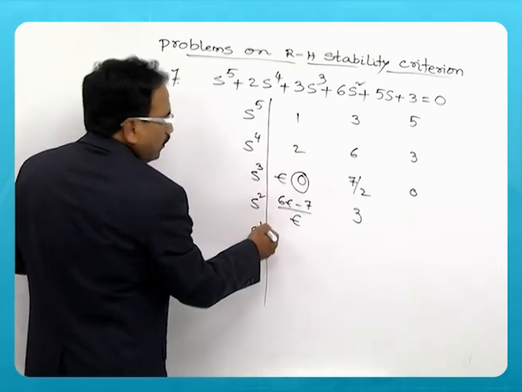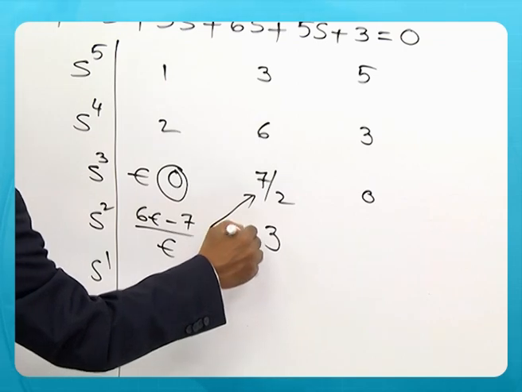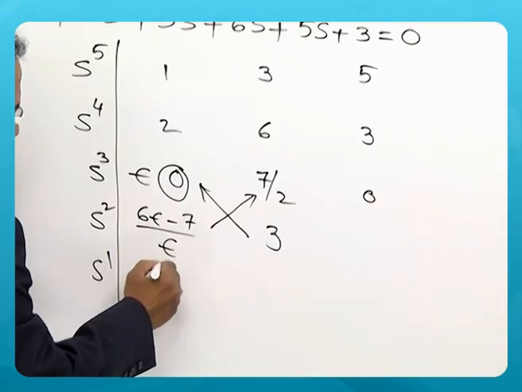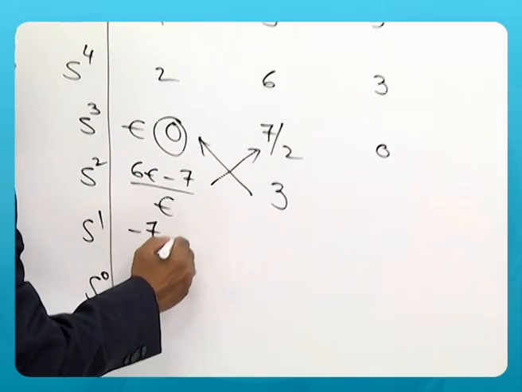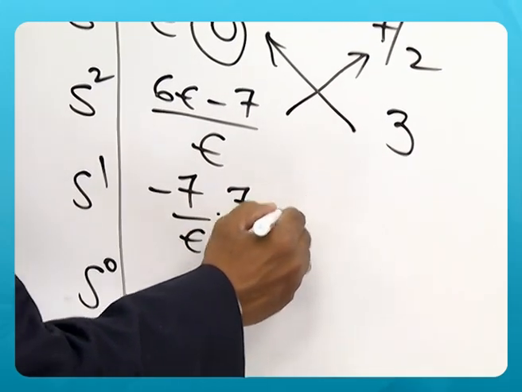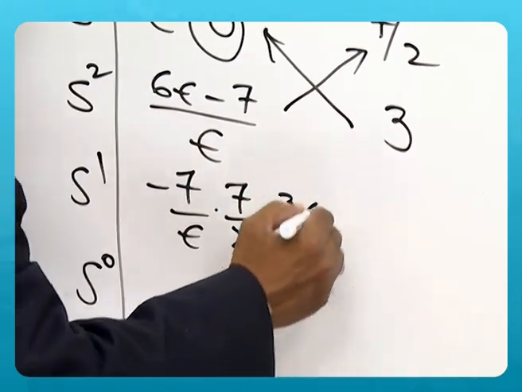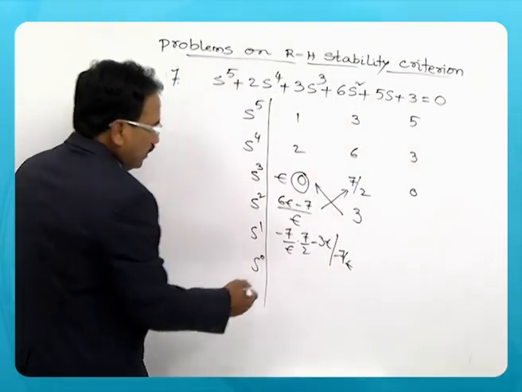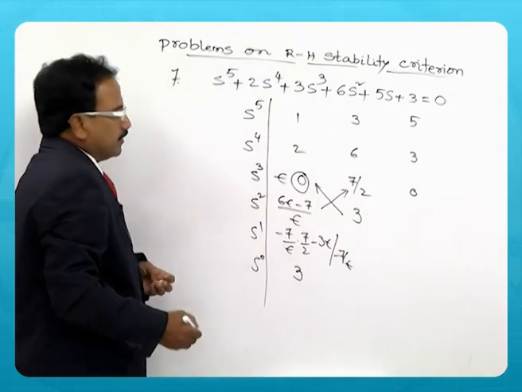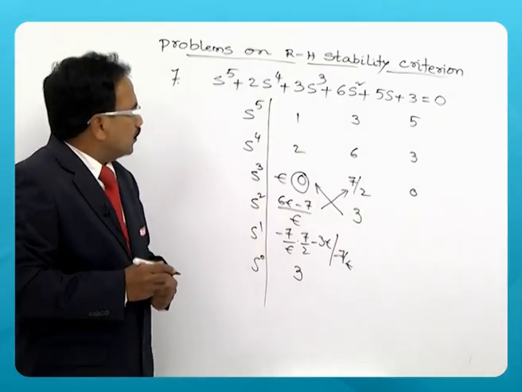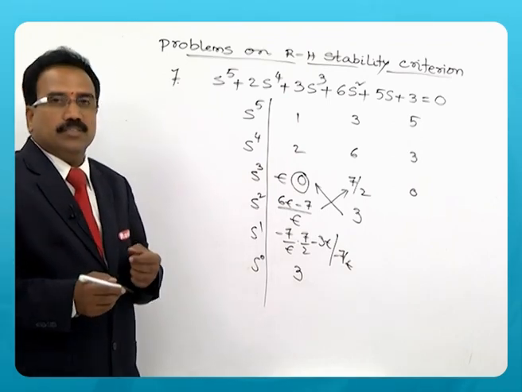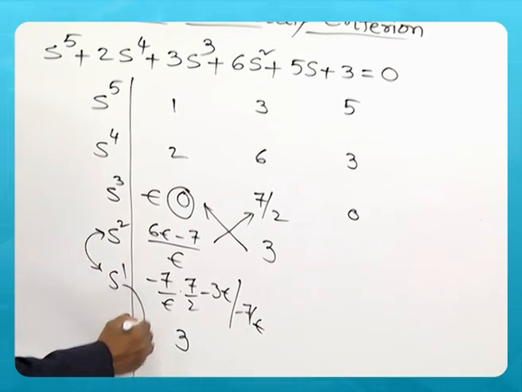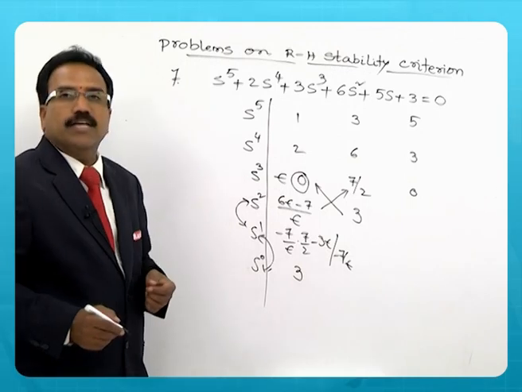Now the s power 1 row is obtained by using these two. You should get the s power 1 row as minus 7 by epsilon into 7 by 2 minus 3 epsilon by minus 7 by epsilon, assuming epsilon is a small value, and finally s power 0 as 3. So you can see here there are two sign changes. From here to here one sign change, and from here to here there is another sign change.